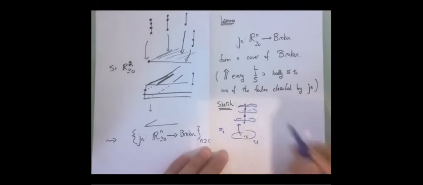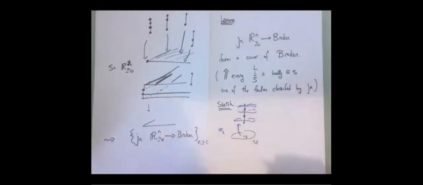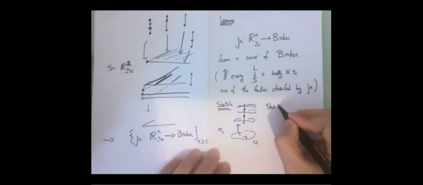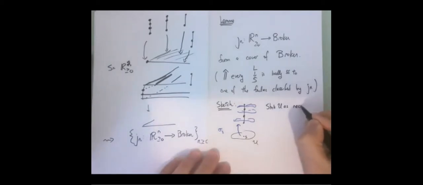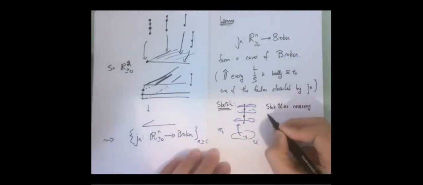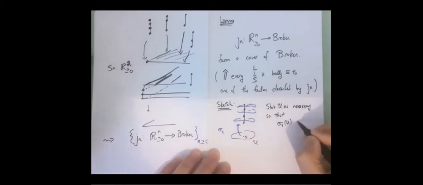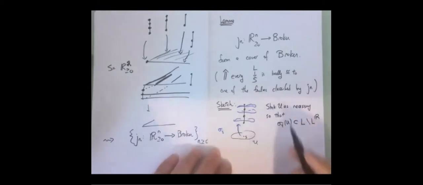I've only drawn one fiber here, but we can shrink capital U as necessary, so that sigma i of U, the images, are entirely in the non-fixed point set. So none of these blue slices hit a fixed point.